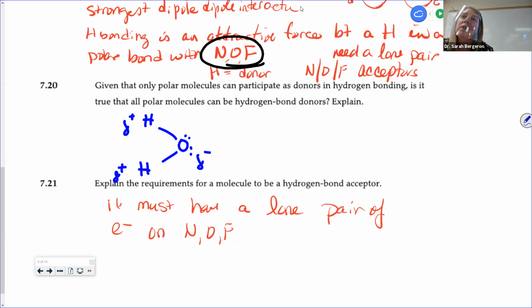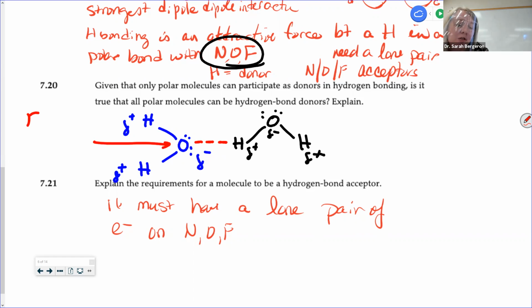If I draw another water molecule, what is going to be attracted to that oxygen, an oxygen atom or a hydrogen atom? A hydrogen atom, because it is partially positive. So my hydrogen bond is right here.